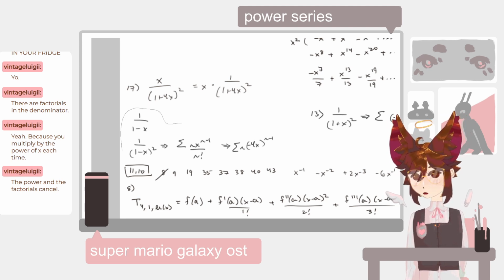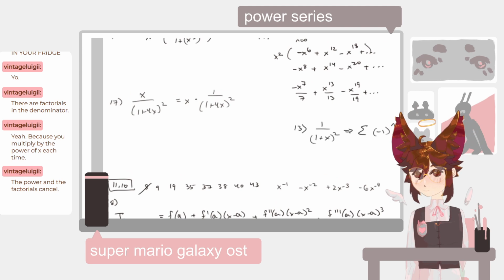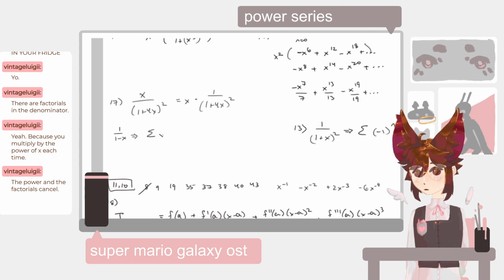I mean, I could just take derivatives of it and see what it is, but that sucks. If I start with 1 over 1 minus x, this will give x to the n.